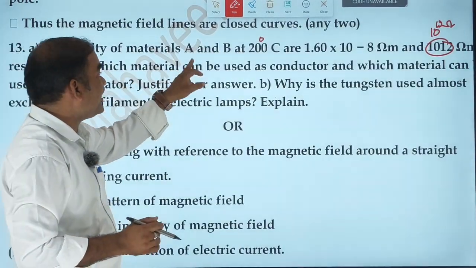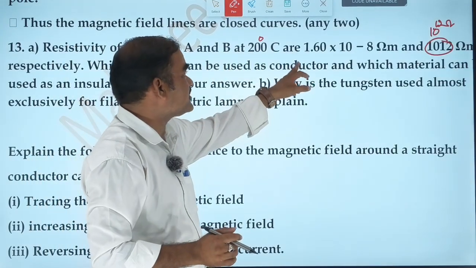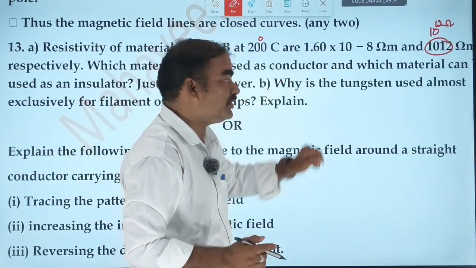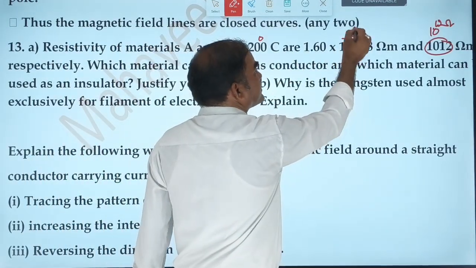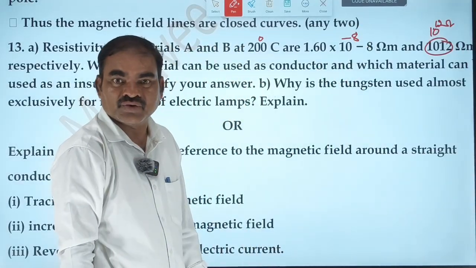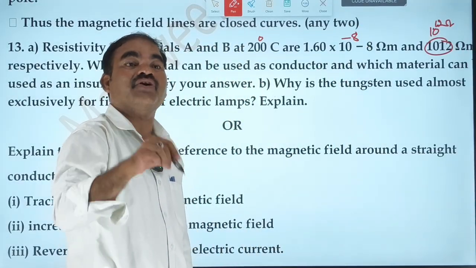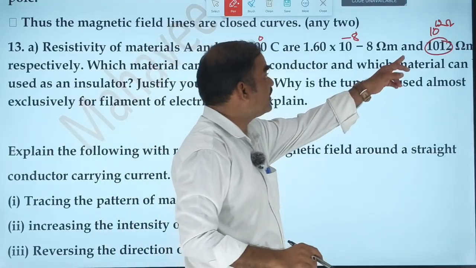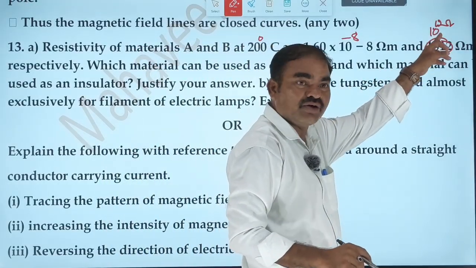Resistivity of materials A and B at 20 degrees Celsius are 1.60 into 10 to the power minus 8 ohm meter, and 10 to the power 12 ohm meter. Ohm meter is the unit of resistivity.